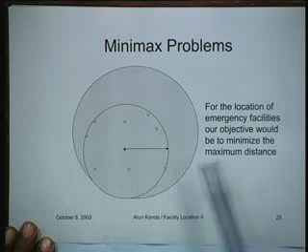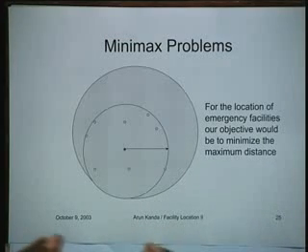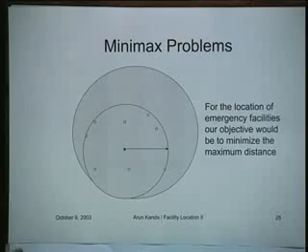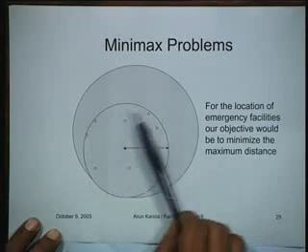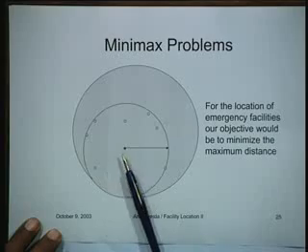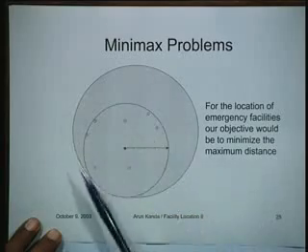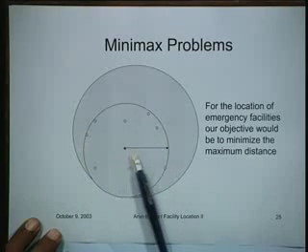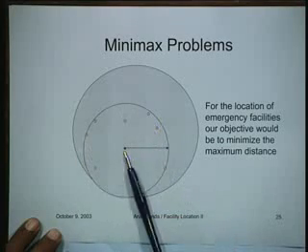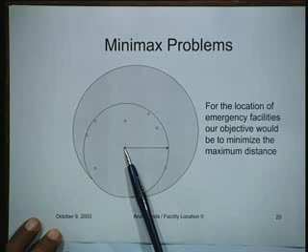A minimax location would be to try to enclose these in a circle, and the circle which has the minimum diameter, the center of that circle, which is, let's say, this one, encloses these points. This circle encloses all these facilities with the minimum diameter. This circle is larger. There could be other larger circles, and basically what we are seeking is this circle, and the center of this is the optimum location.